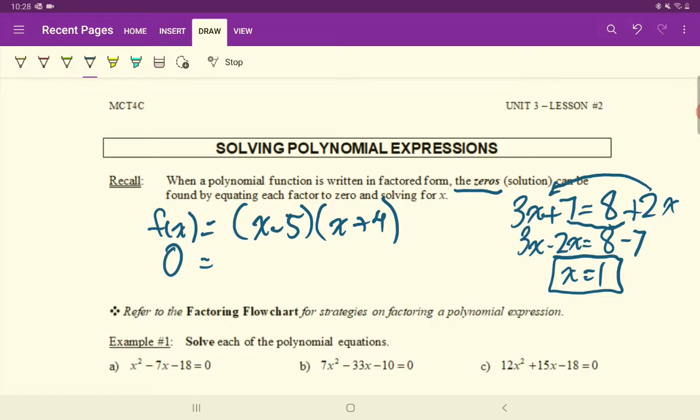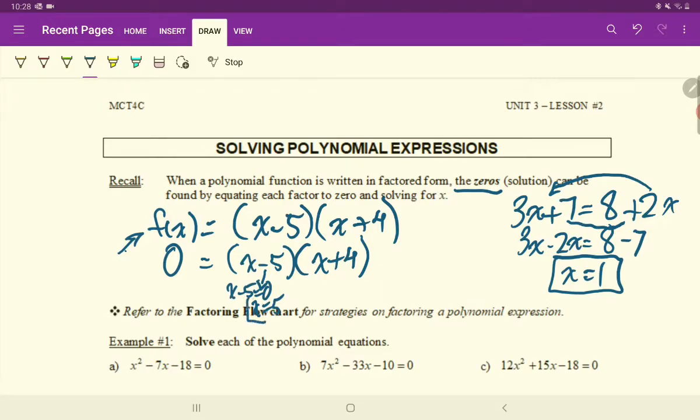Anytime y is 0 or f of x is 0, you're finding the x-intercepts. And so now what you're asking yourself is what values of x will make this equation 0 on the right side as well, so that the equation is satisfied. And to do that, you set each of these factors equal to 0, and then solve for x.